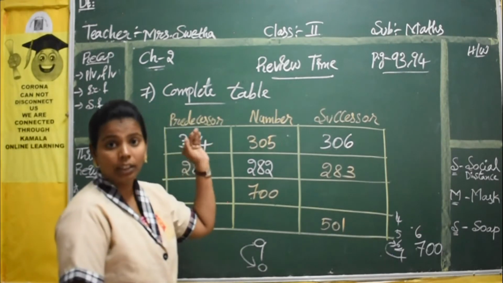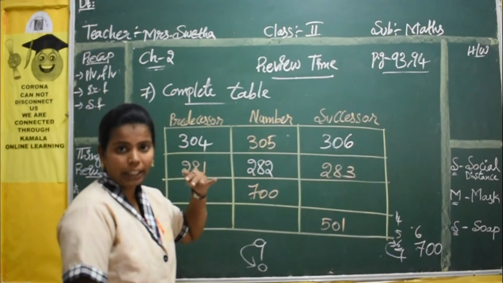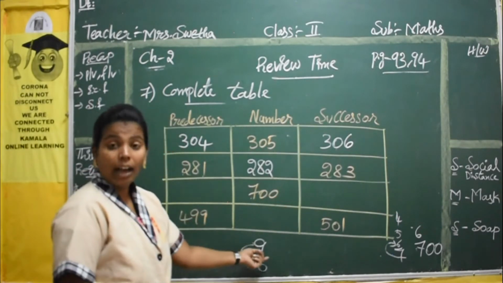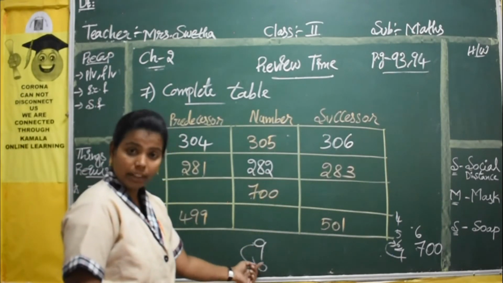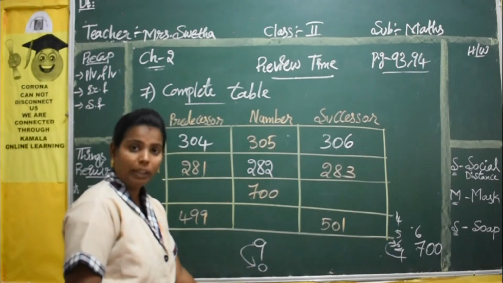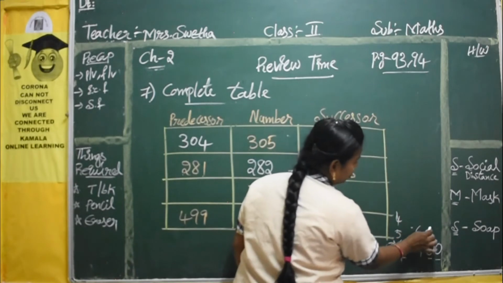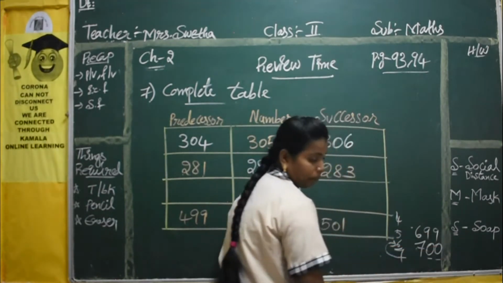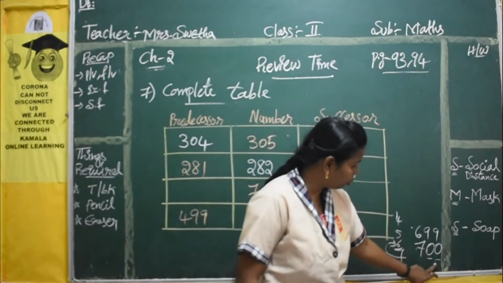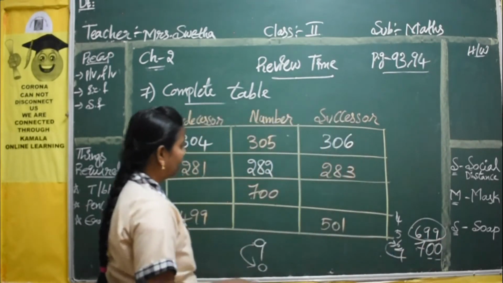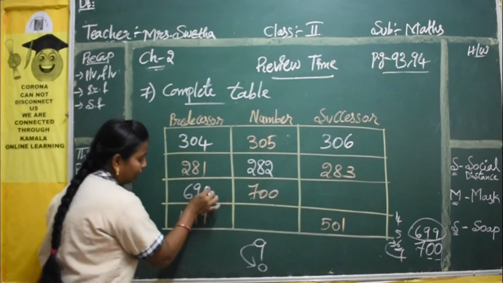As you learnt in your first class, 1 to 10 numbers, all numbers repeat in the grids. In the same way, after number 9, in the next place you will take 0. So wherever you have 0 here, the before number you take as 9. Here you have 2 zeros, so you will get 2 nines. So the before number will be 699.